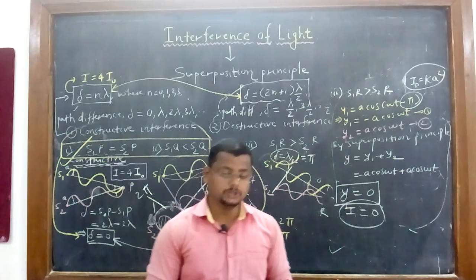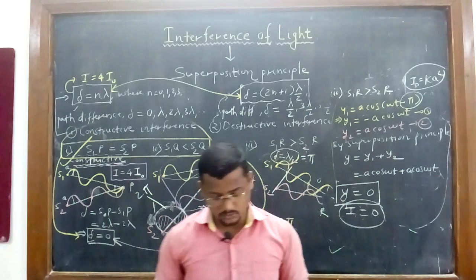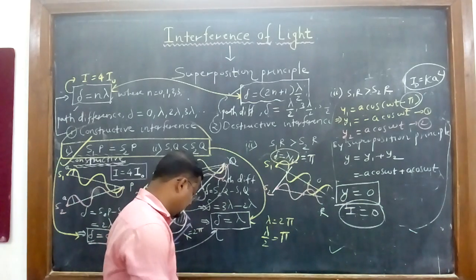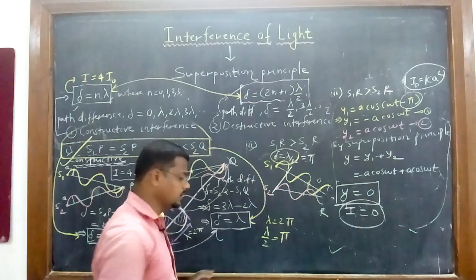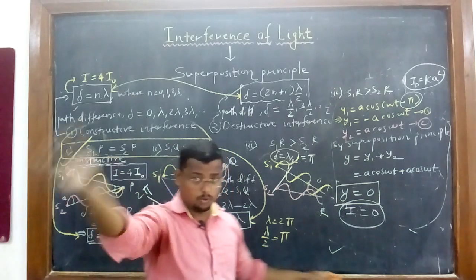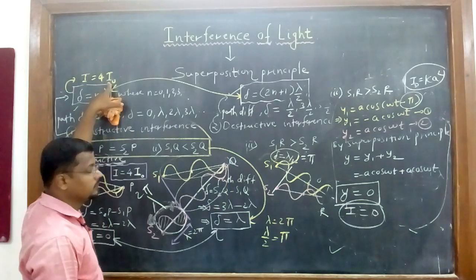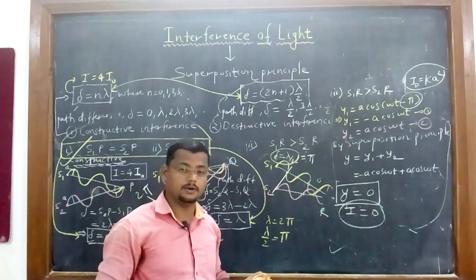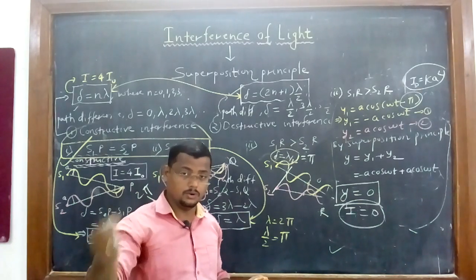Okay, so what is the conclusion? This is the only topic of today's class. In today's class we have seen that in case of constructive interference, the intensity of light is equal to 4 times the incident wave intensity. How we have proved that? And in destructive interference, the intensity of the resultant light is equal to 0.